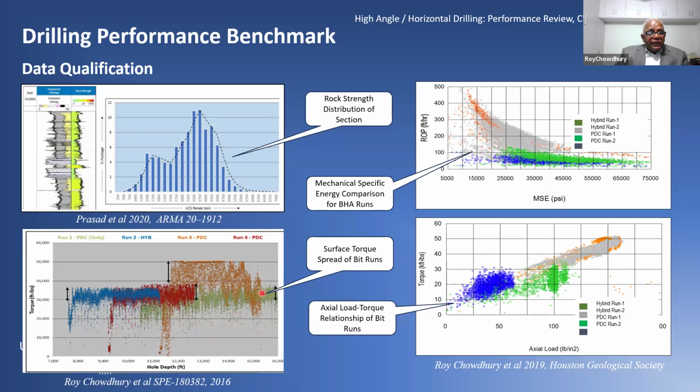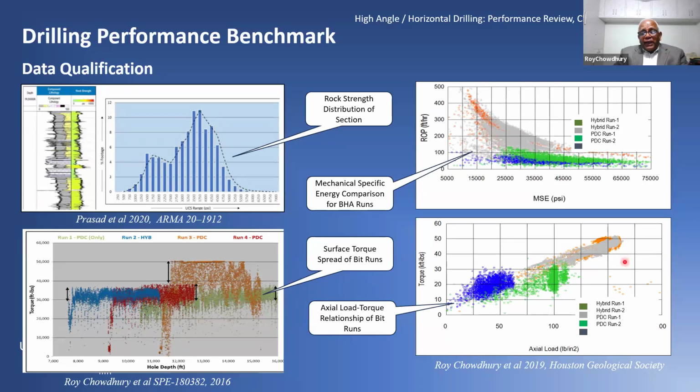Obviously the green trace that you see has the slightest variation in the torque. So I would like to think that this bit run was very consistent and stable. Of course, this has to go hand in hand with your ROP and the footage curve.